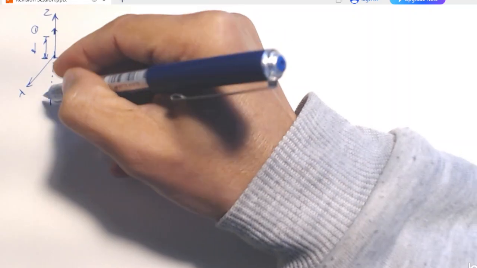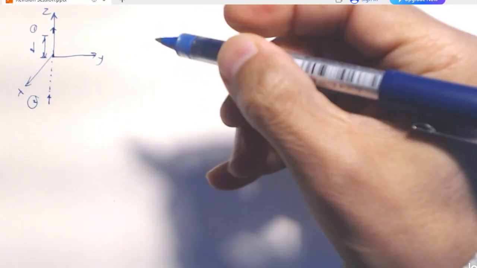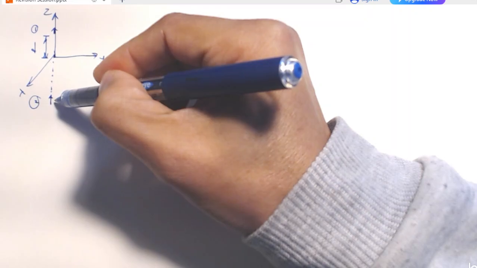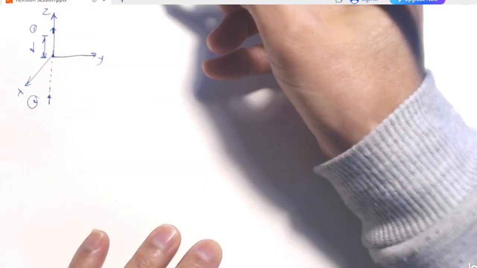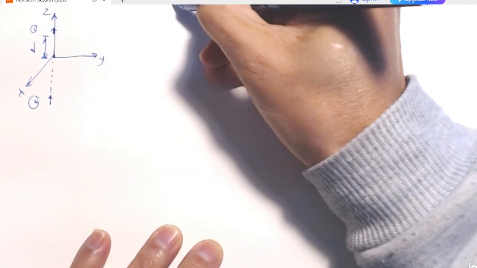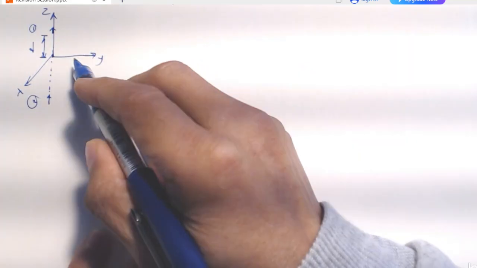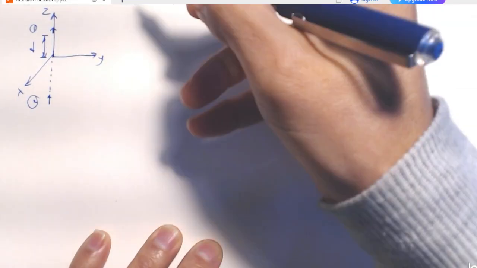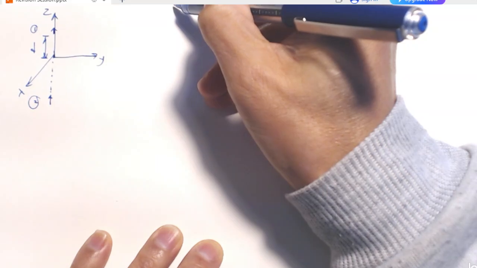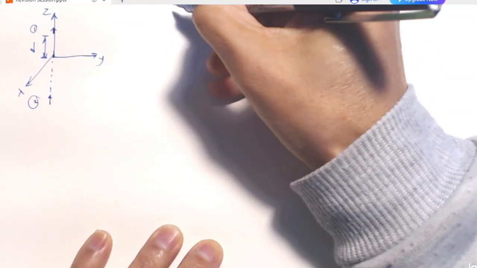So this is antenna number 2. Both antenna number 1 and number 2 will contribute to the far field. So let's say in a very, very far field zone, we have an observer.